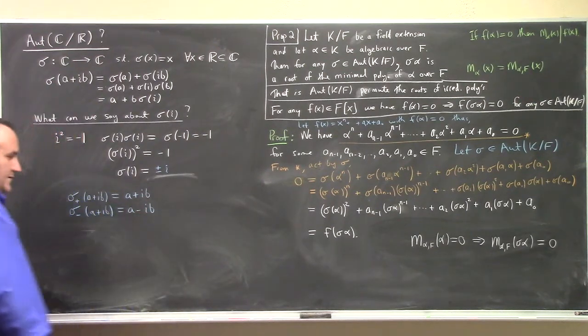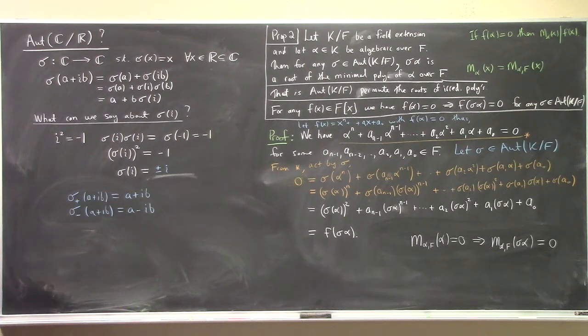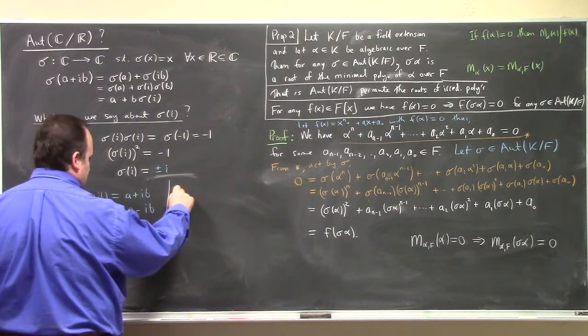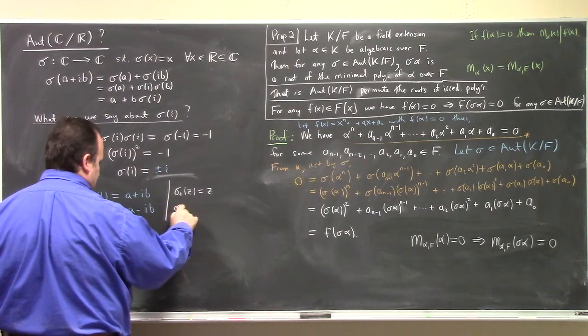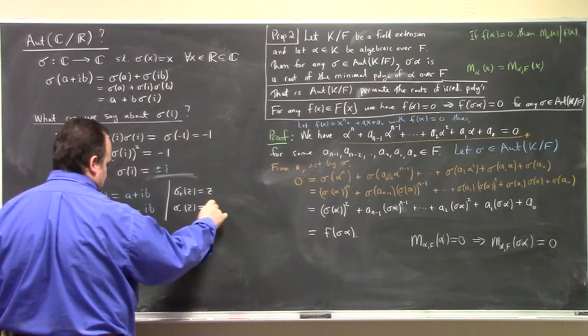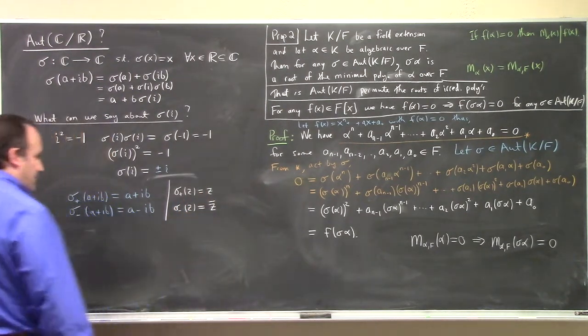Of course, if you put this in the complex notation, perhaps it's more familiar. We have sigma plus of z equals z. We have sigma minus of z equals z conjugate.